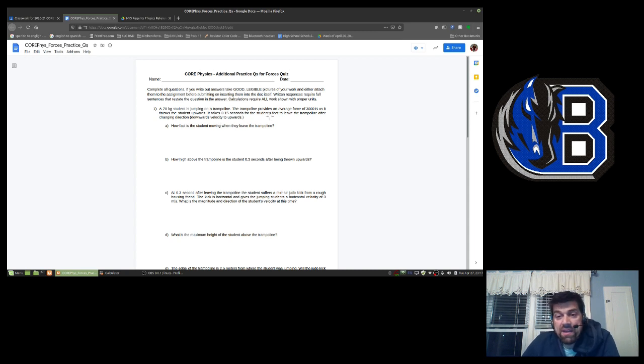Let's think about this. I have something about forces, and a duration is a kinematics variable. How fast I move when I leave the trampoline, we can think of as a final velocity while the trampoline throws me. So I could do a chart. You probably don't need a chart for this, but when in doubt, do a chart.